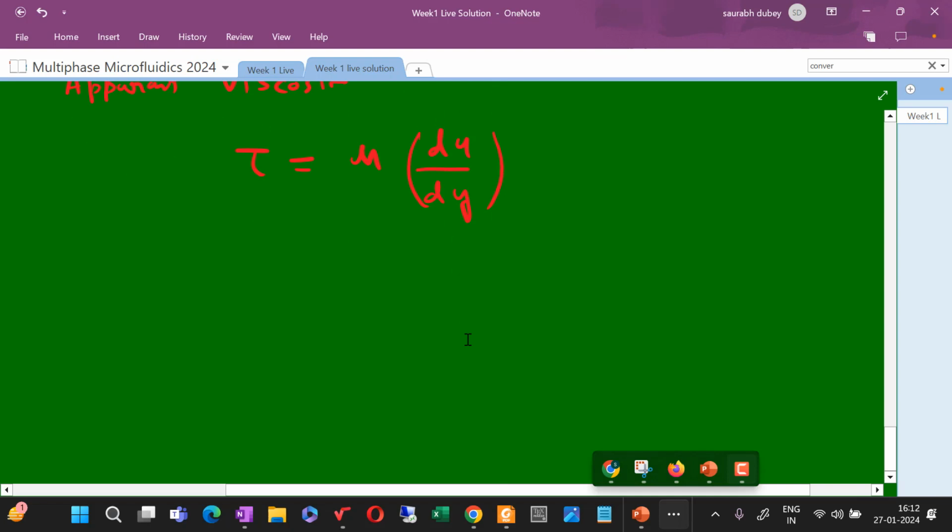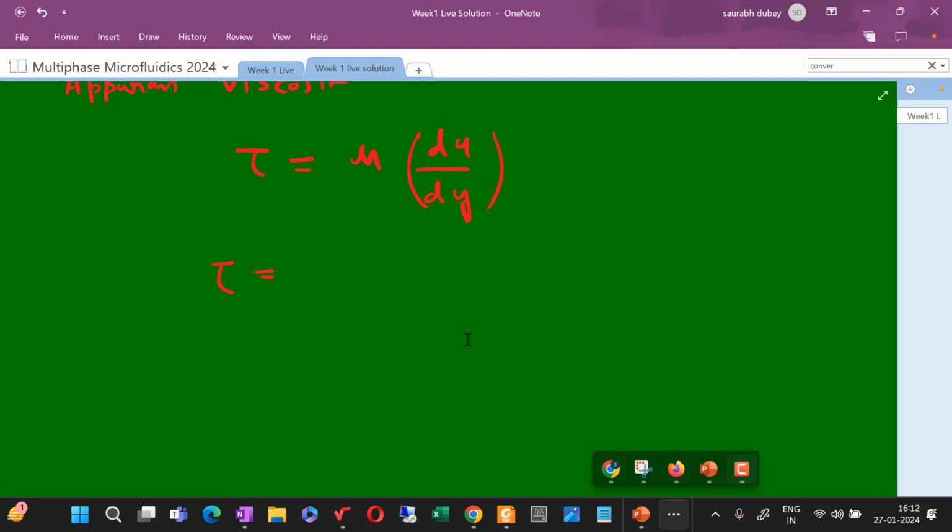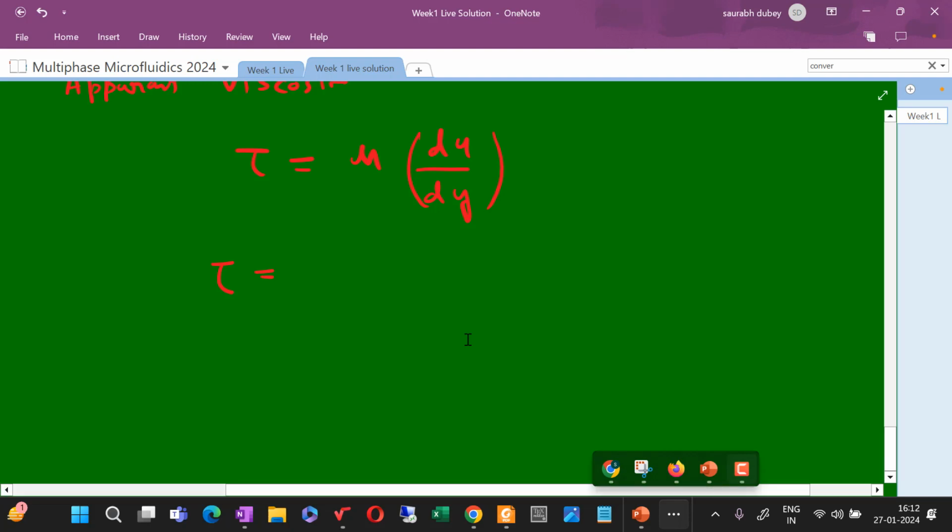Here mu is going to change, it is not a property, and it is called apparent viscosity. For non-Newtonian fluids this mu will not be the same; mu will be changing with the strain rate also. So for non-Newtonian you will write tau equals mu apparent multiplied by du by dy.